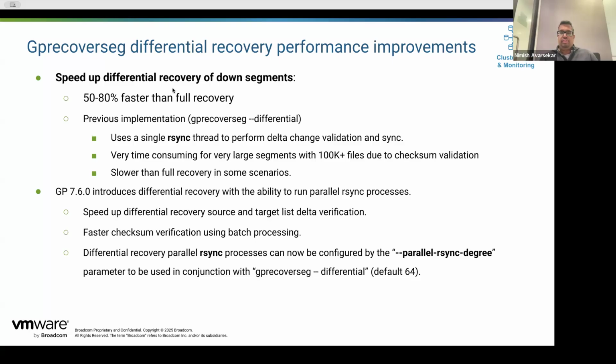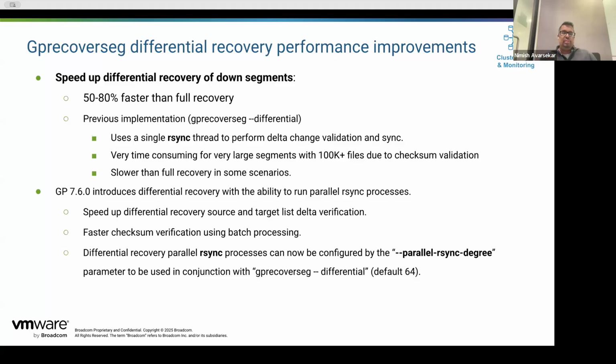Differential recovery uses rsync internally to sync the delta changes between your files. In 7.6, we have introduced a way to parallelize the rsync processes. In prior versions before 7.6, there was a single rsync thread doing the sync.